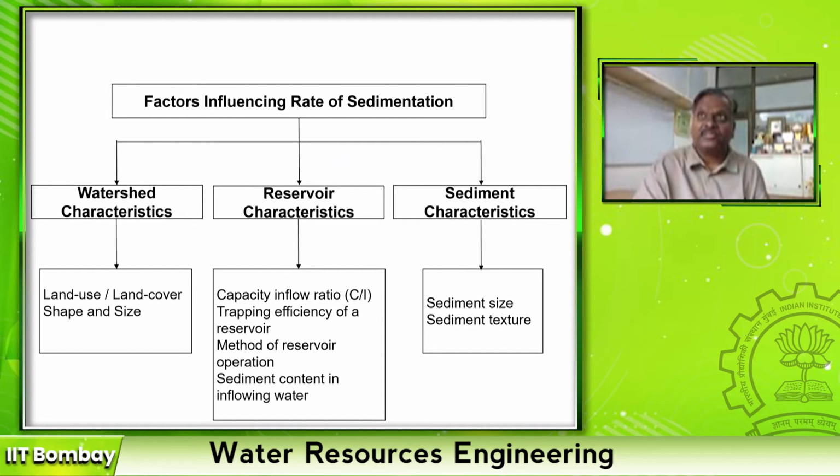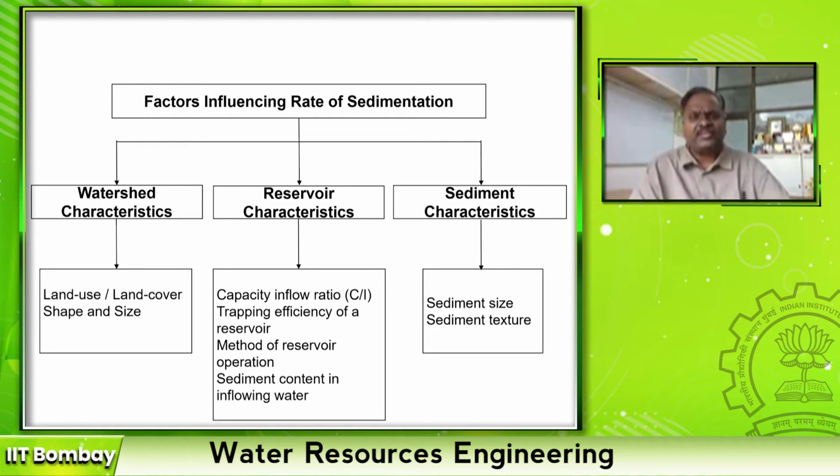The second one is the type of soil. If it is erodible soil, even light rainfall can erode a larger quantity of soil and bring sediment to the reservoir. Another case is a good forest area, but the forest area has a steep slope and is subject to landslides. Then sediments will also be more. So watershed characteristics also govern the rate of sedimentation.